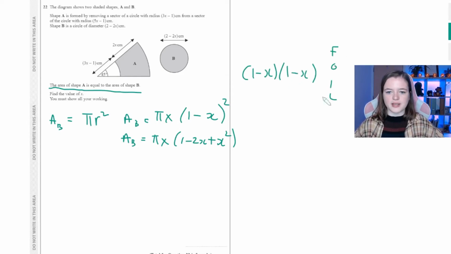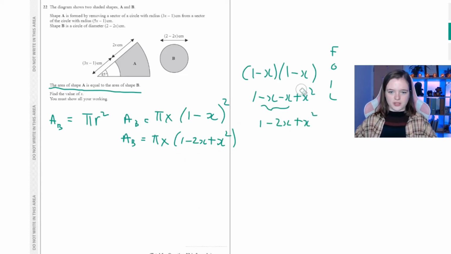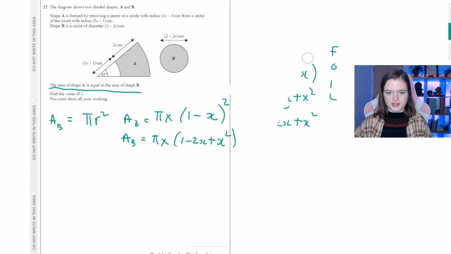First, outside, inside, last. First, 1, outside, minus x, inside, minus x, outside, plus x squared. Simplify these to give 1 minus 2x plus x squared. All that there. So let's get rid of this for now. Hope that all made sense.